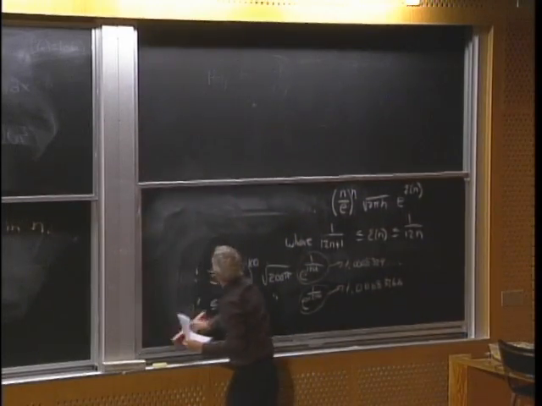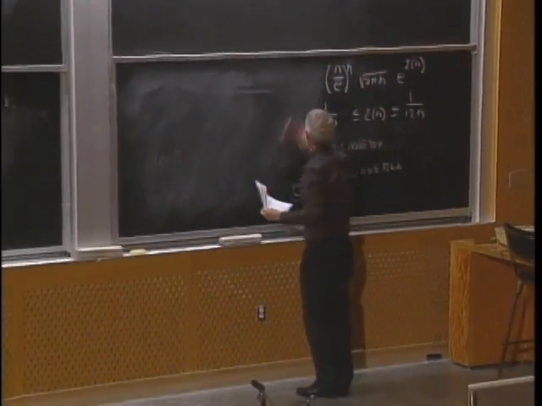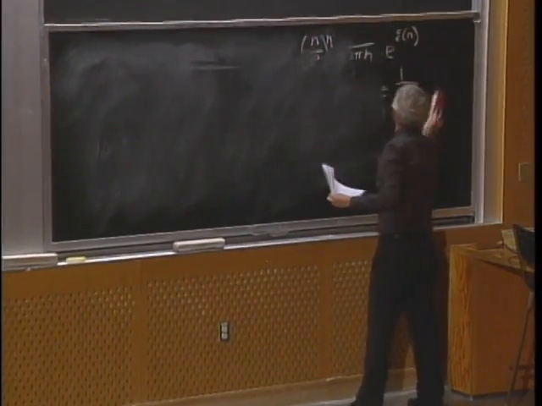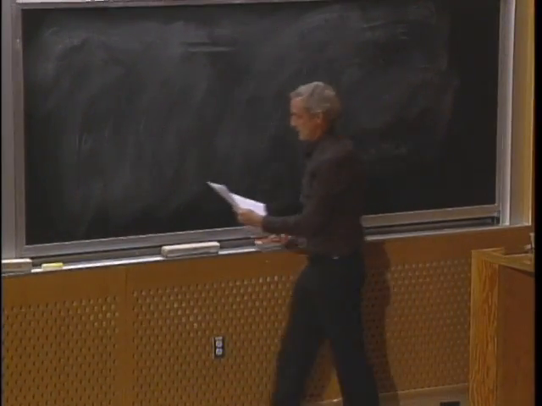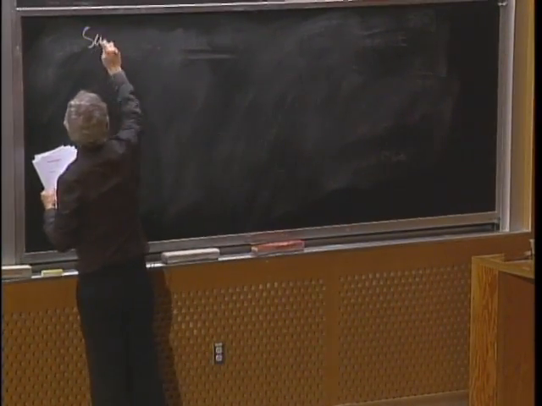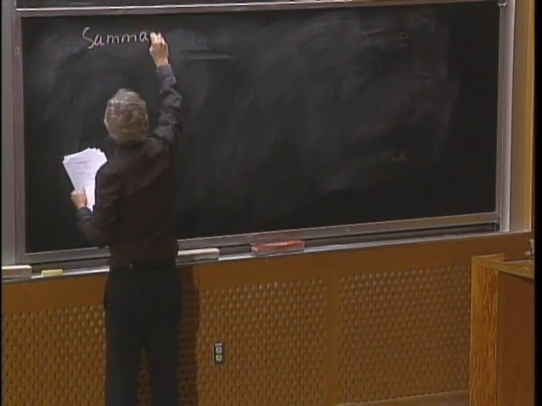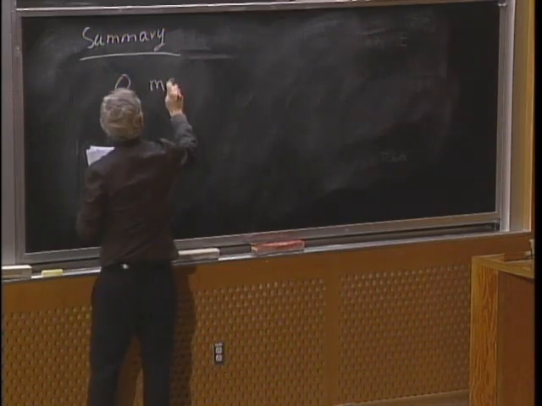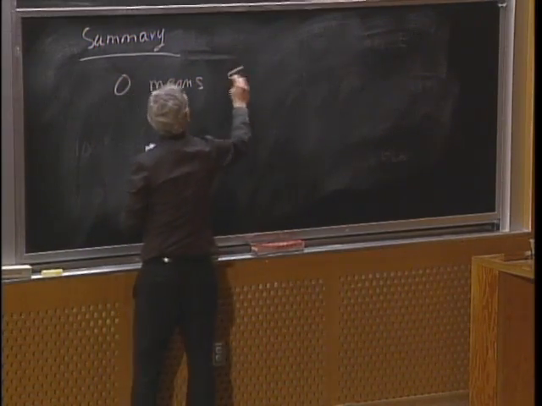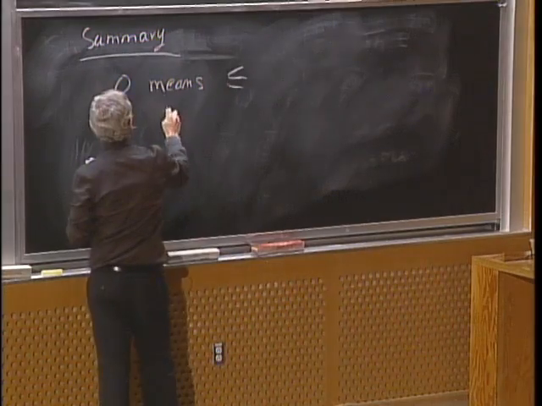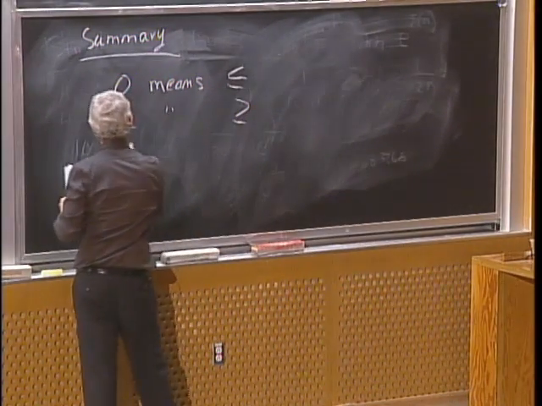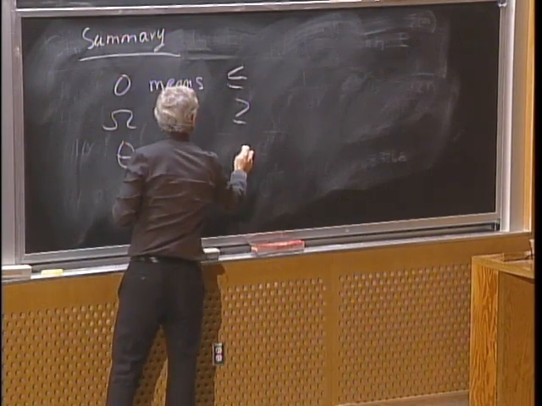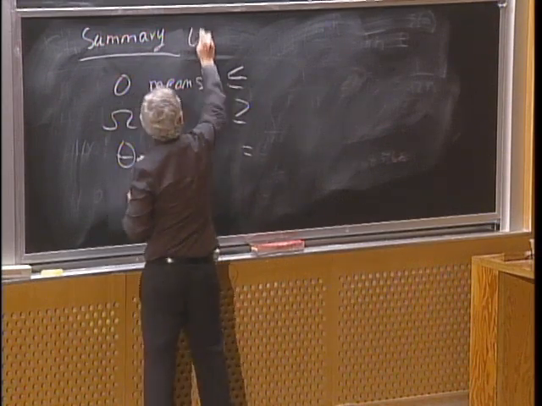Okay, so for these three guys, to summarize, so you can keep track of them pretty simply: O means less than or equal. Omega means greater than or equal. Theta means equal up to constant factors.